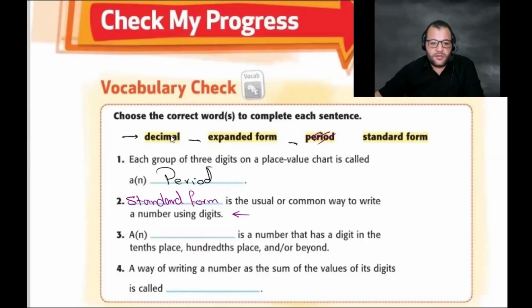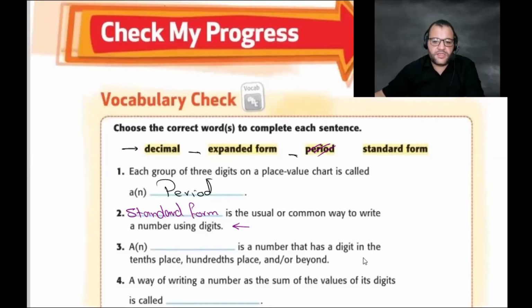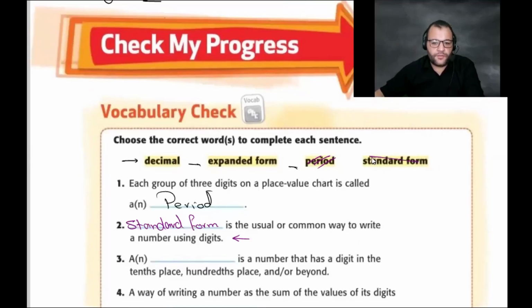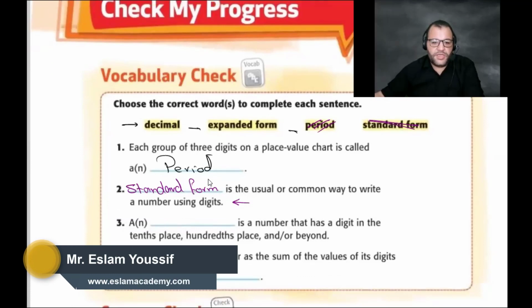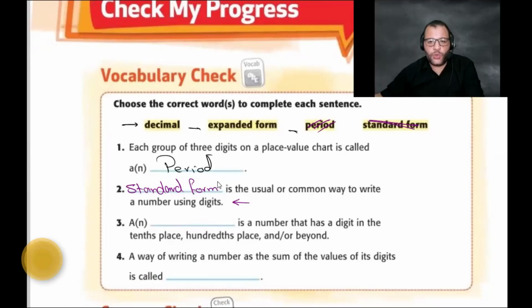Is it decimal or expanded form? If we have a 10th place or 100th place. So we have Jid, can you solve this one? Decimal, okay.